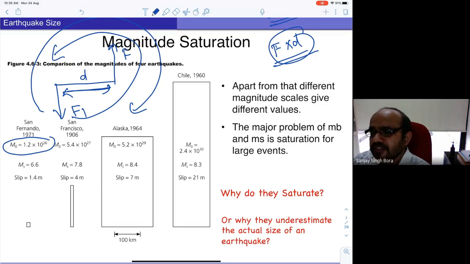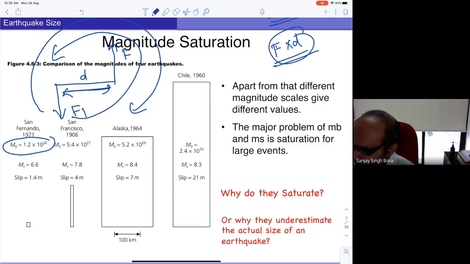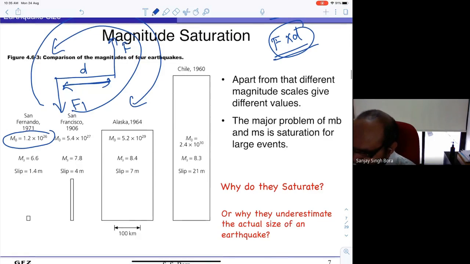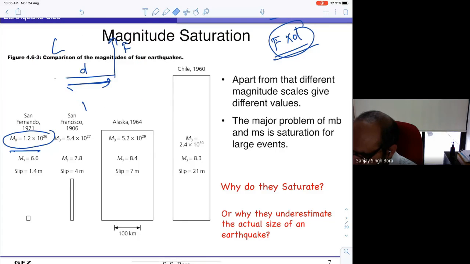One way of measuring is that you go to the field and measure the actual size of an earthquake. So they measured this M0 for different earthquakes. For example, for the San Fernando earthquake in 1971, this was your M0.